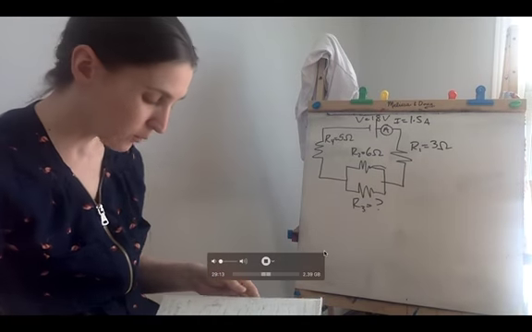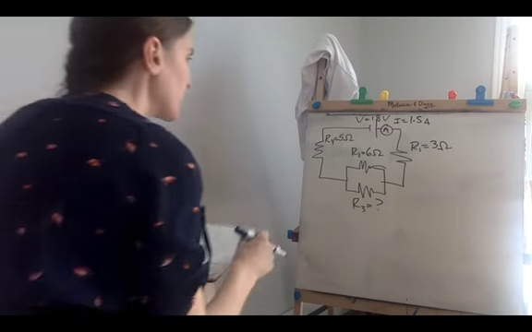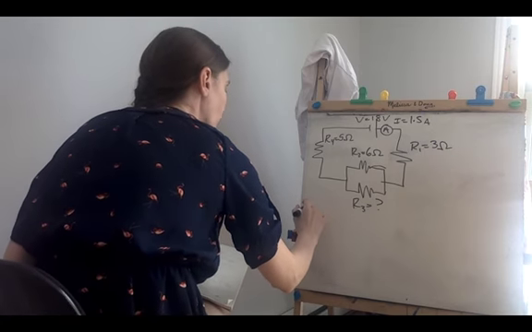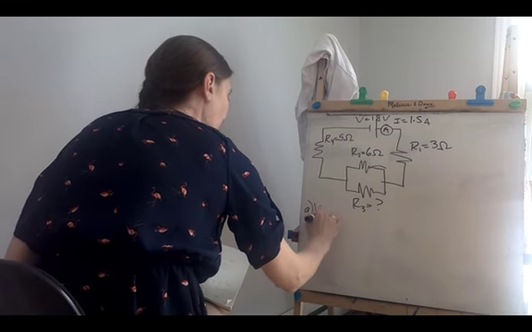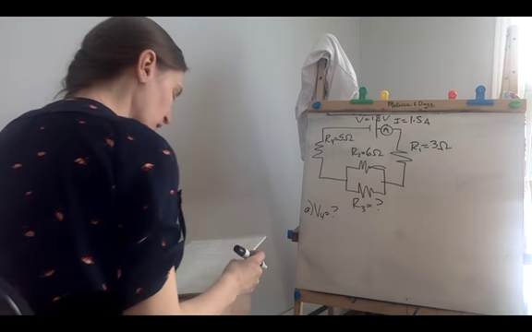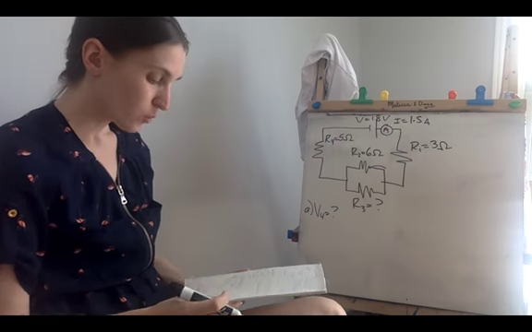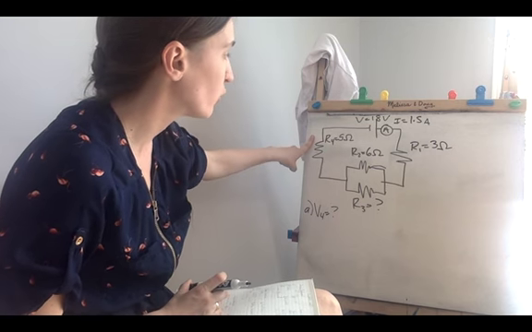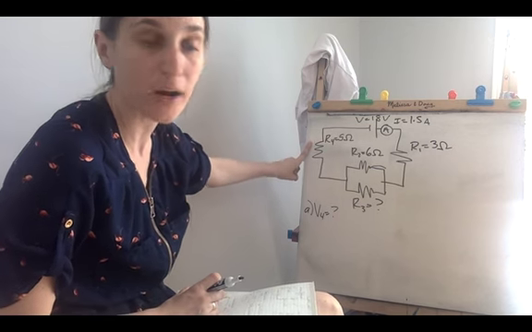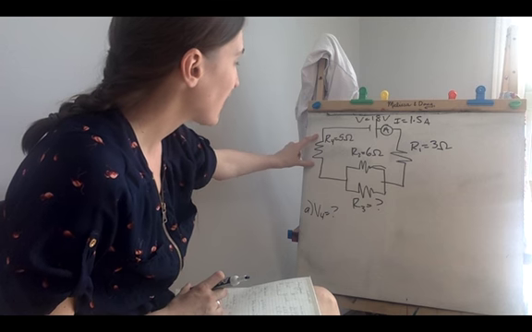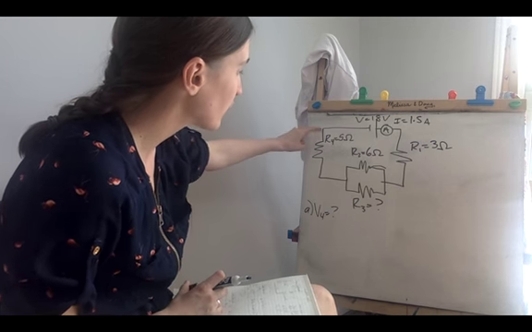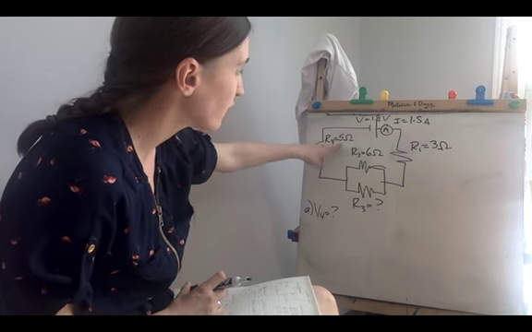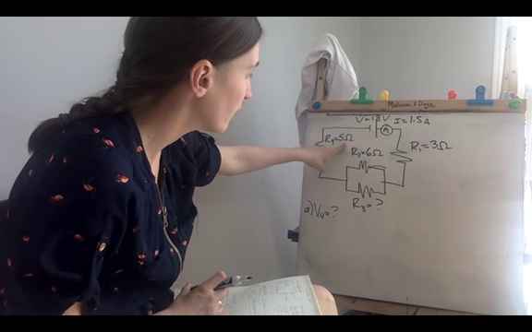Okay, so the first thing we're being asked to find is what is the voltage drop here at V4. Really, at this point, we're in series, so the current is passing through a resistor that has a resistance of 5 ohms.